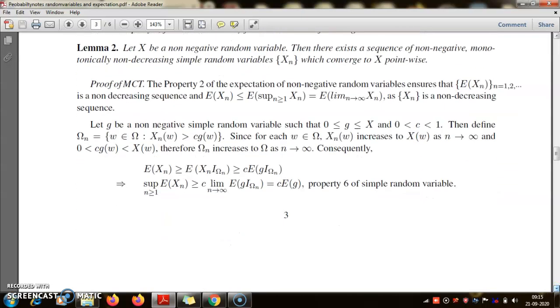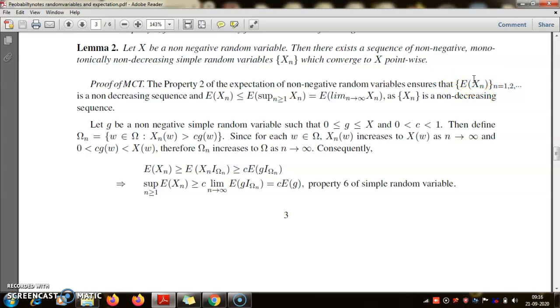So here is the proof. I like this proof because it uses several properties that we have discussed earlier. So how do we prove this? First we show an inequality. First see that the expectation of Xn's is a non-negative non-decreasing sequence of real numbers.